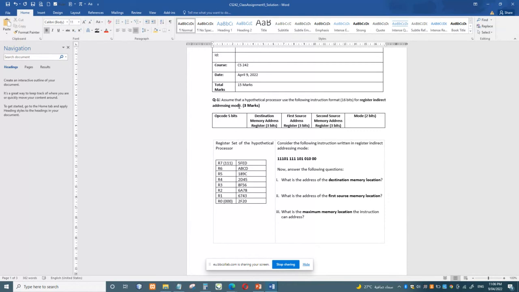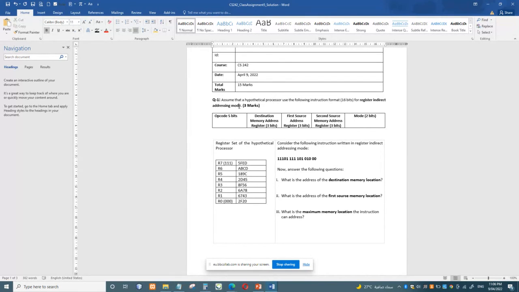Usually, in register addressing, the register contains your operand. So in your instruction, you specify that register number 5 contains my first source operand, register number 7 contains my second source operand, you add them together and store the result in the destination register.